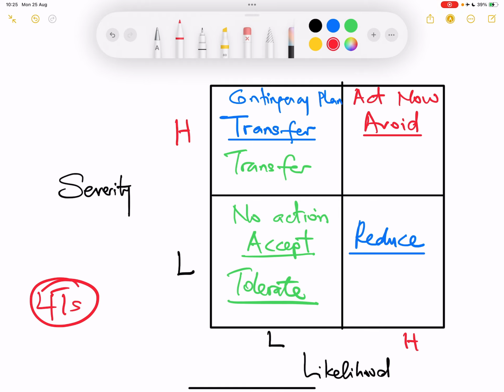If it is high likelihood, high severity, then definitely you have to terminate that risk. Stay away from it. Don't get close. Terminate. And for the high likelihood and low severity, you will say you have to treat it so that you will reduce the likelihood. Treat it. Yeah. This one you transfer.